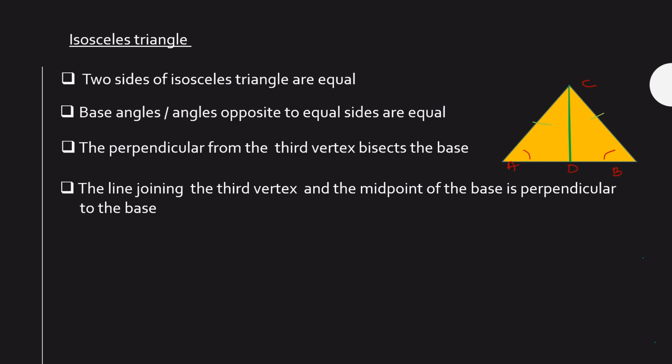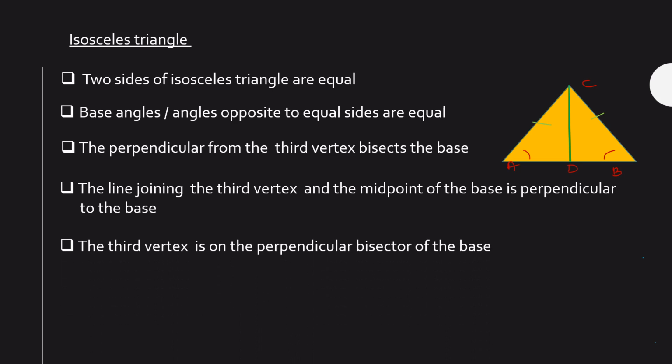Look at the third point. Third point says if we draw a perpendicular from the third vertex to the base, it will bisect the base. What is the fourth feature? If we draw a line joining the third vertex and the midpoint of base, then the line drawn is the perpendicular line which is perpendicular to the base AB.